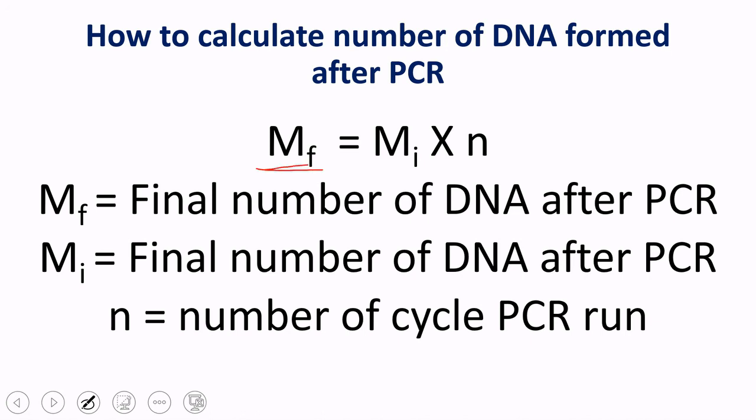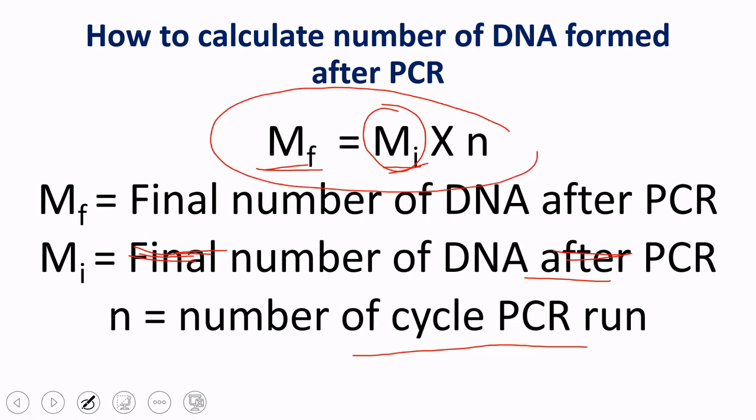The final DNA can be calculated from the initial number of DNA, that is, how many DNA we had when we started the PCR. So mi is the initial number of DNA before PCR, which we multiply by the total number of PCR runs. With this we can calculate the final number of DNA. So this is all about PCR.